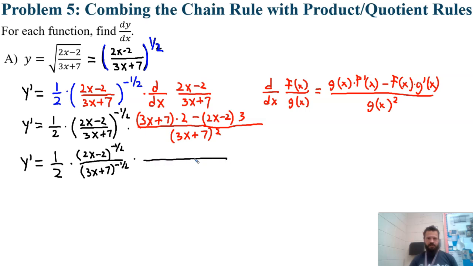All right, then times, here we've got a 2 times the 3x plus 7, so we'll call that a 6x plus 14. And then minus, we've got a negative 2x times 3, we'll take care of that one step, minus 6x. And then negative times negative 2 would be a plus 2 times 3 would be plus 6. Still over the same 3x plus 7 squared. Okay, usually we're not going to distribute that out. We'll just leave it in factored form.